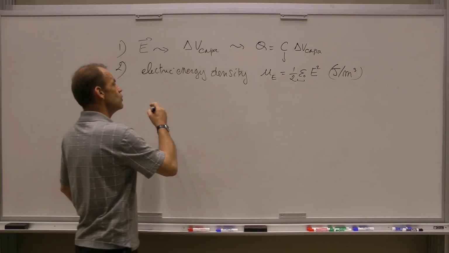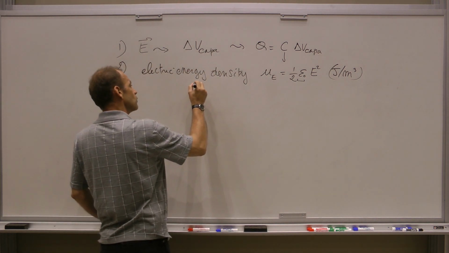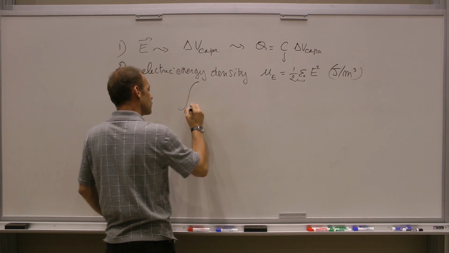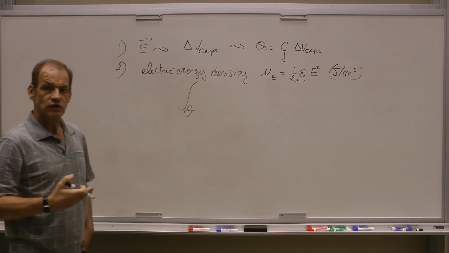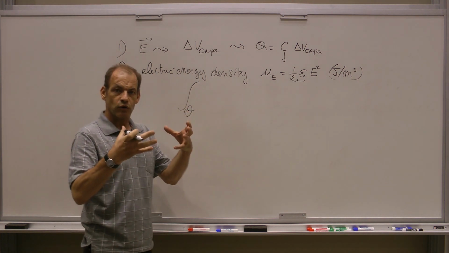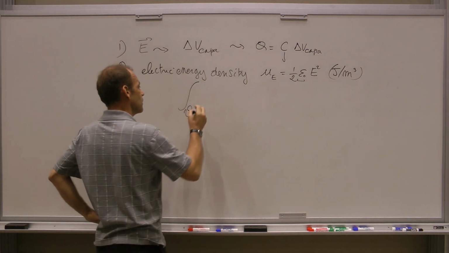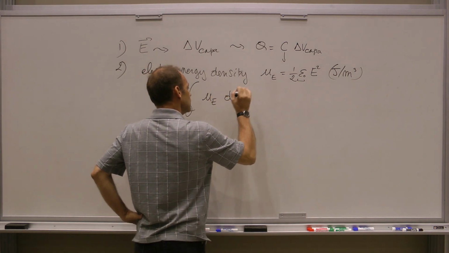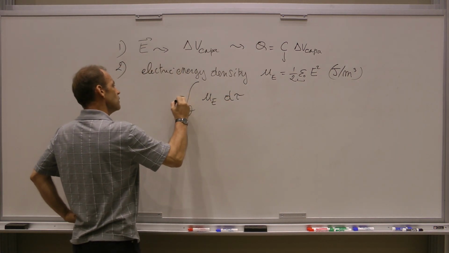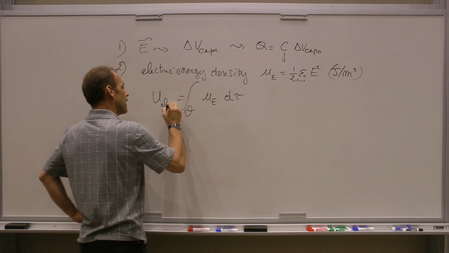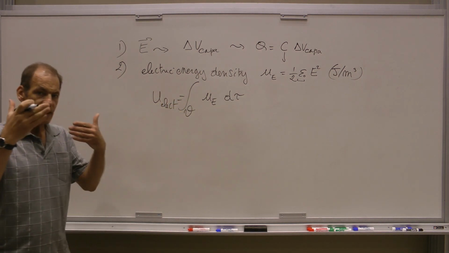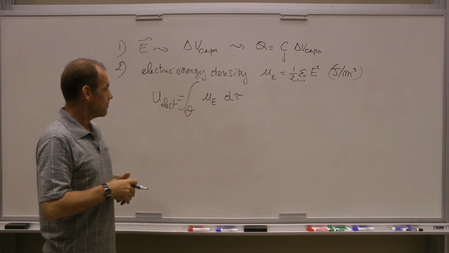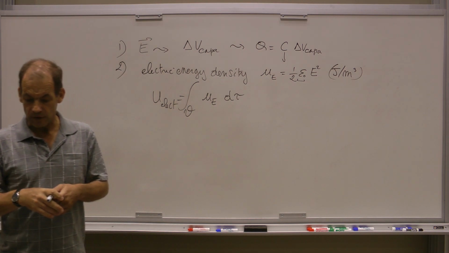From then, you integrate over the whole volume. So you fundamentally do over a certain volume V in which the electric field is located, which will be, of course, the volume in between the plates of the capacitor, of u_E d tau in elemental volume. That's going to give you the total energy held in space, in the dielectric space, in between the plates of your capacitor.